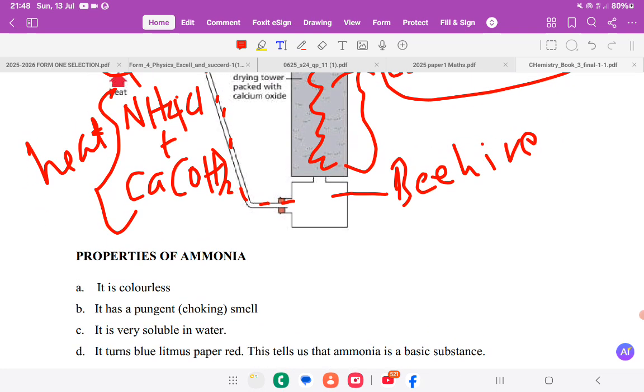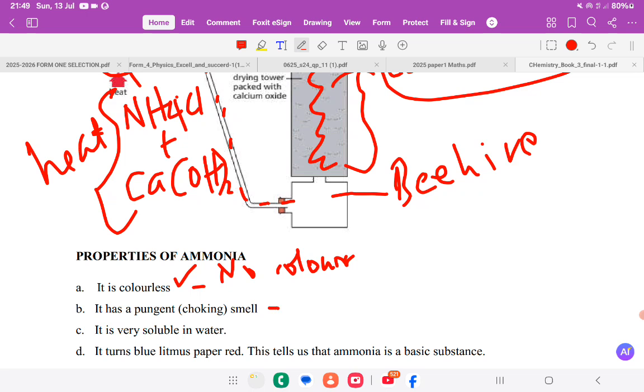Now, the ammonia that is made has the following properties which I want you to be sure about. One, it is colorless. It has no color. That's its physical property. It's colorless, and it is also smelly.